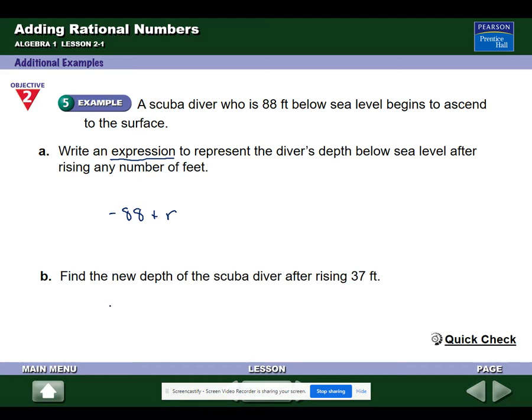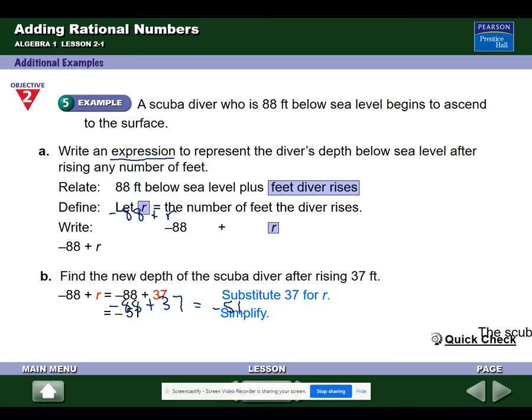So of course that's our expression with 37 plugged in for R. And again, don't reach for your calculator now. You ought to be able to do this on your own, and that would be negative 51. Meaning that the scuba diver is 51 feet below sea level.